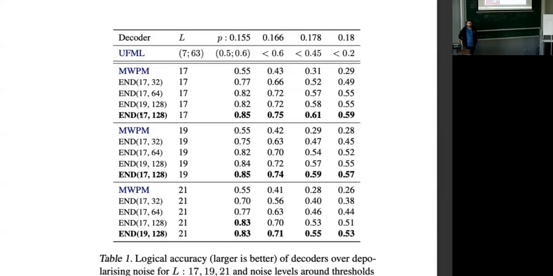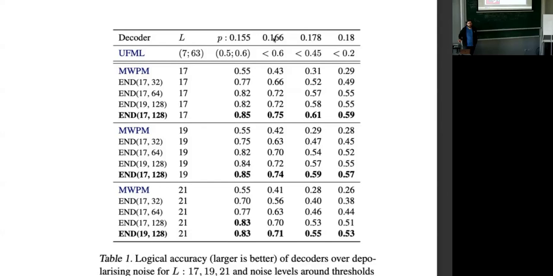So here we train on lattice size 17. This is just some degree of parameters number, right? And these results are for this level of noise, because it was selected as the threshold. The threshold on MWPM, it's like a tensor network threshold.